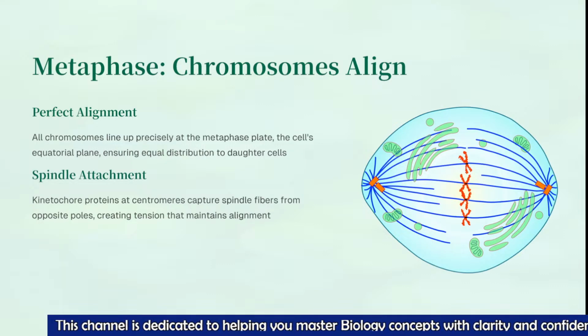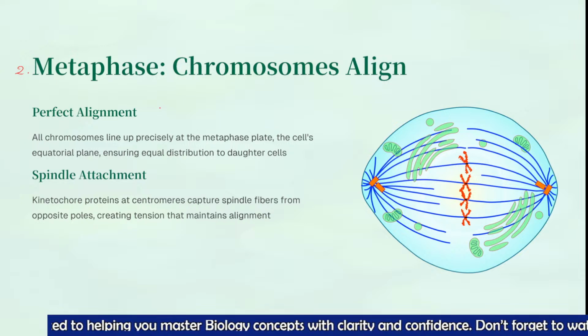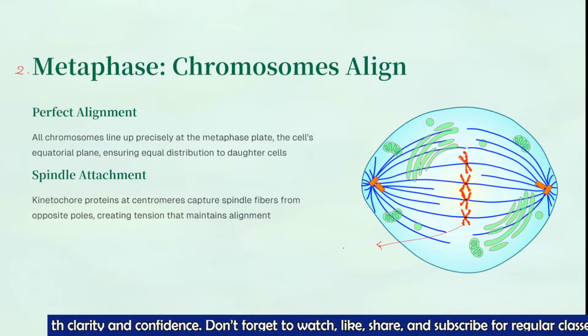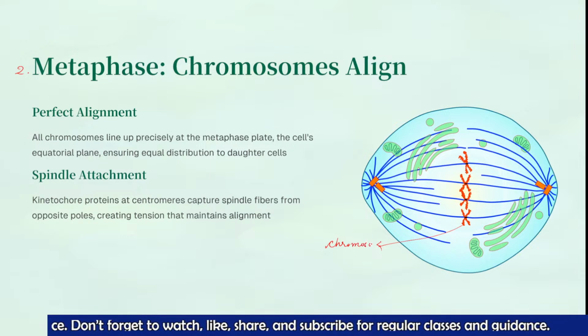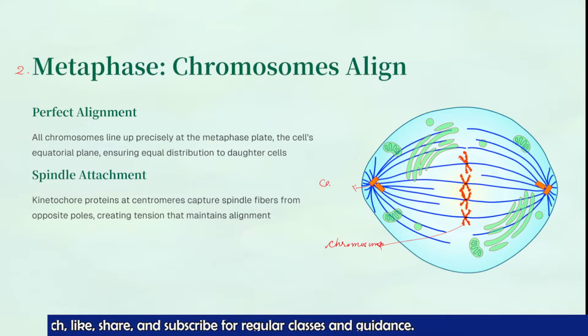Moving on to the next phase, that is the metaphase. The second phase is the metaphase. Just have a look at the diagram here; you can see the chromosomes, and the centrioles.